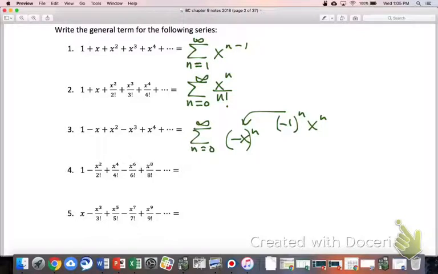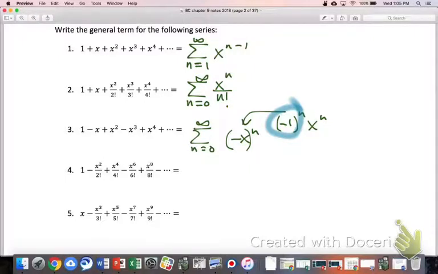I think it just allows you to see what's happening a little bit better. Essentially you've got an alternating element that's just hanging out there going plus, minus, plus, minus, and the x to the n is doing its own thing as well. And of course, each of the terms is just the product of those two. So what you suggested is right, but I kind of like this a little bit better.